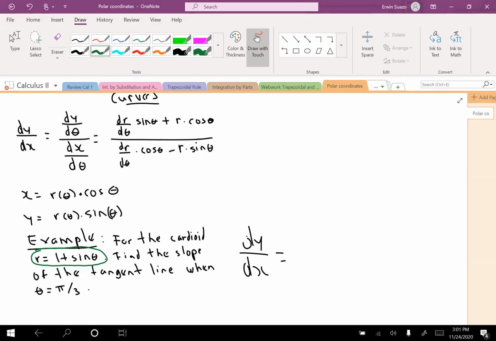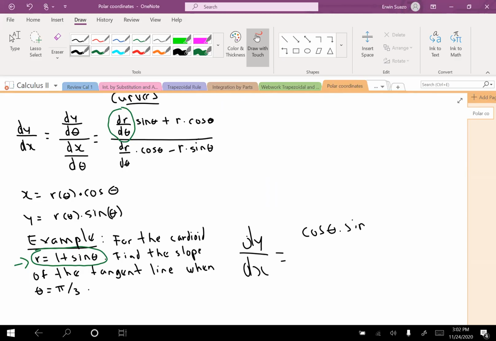Derivative of r with respect to theta. This is r. So we're trying to find this guy. Everybody knows that. That's cosine of theta, right?